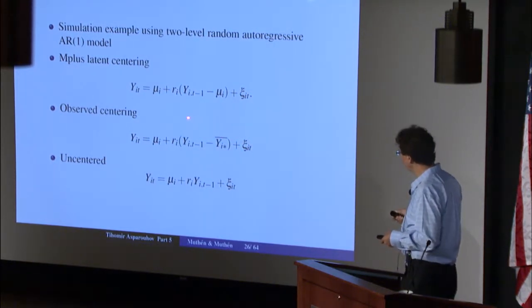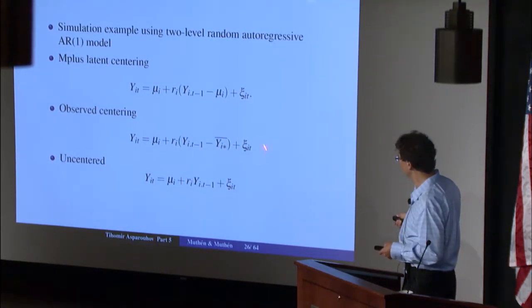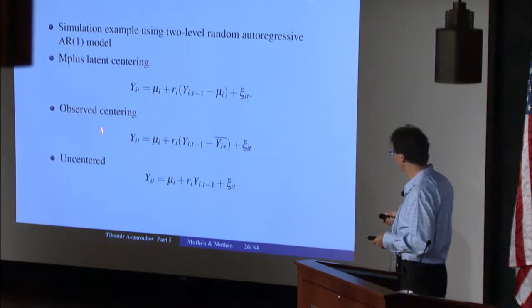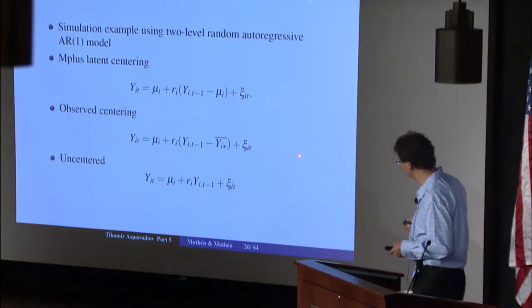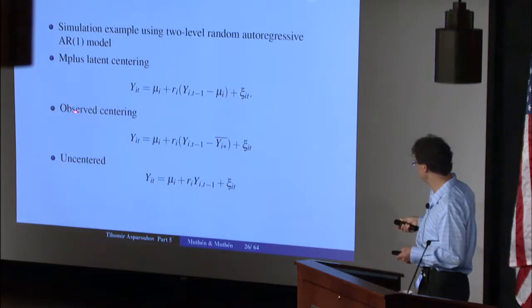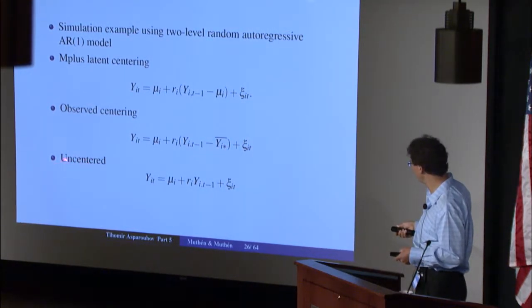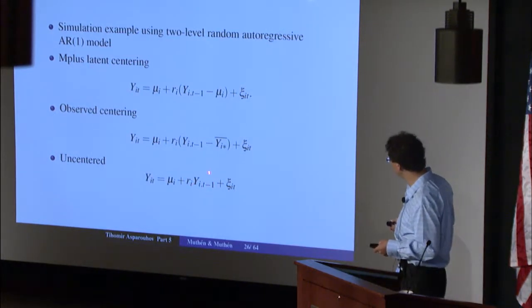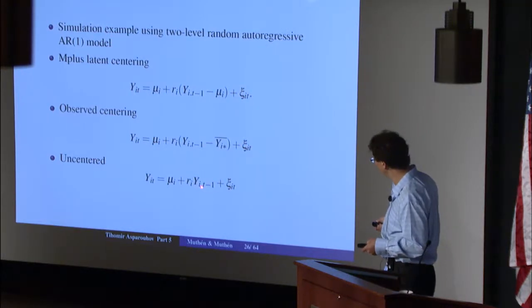And then you can use a standard two-level model to estimate this equation. So this is what we call the observed centering. And then another model we're going to compare here is the uncentered model. So basically, we do not center this covariate at all.